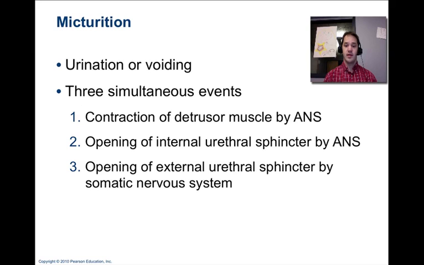And then opening of the external urethral sphincter by the somatic nervous system, so voluntary. As the urine accumulates, distension of the bladder activates stretch receptors, which trigger the spinal reflexes, resulting in the release of this urine.